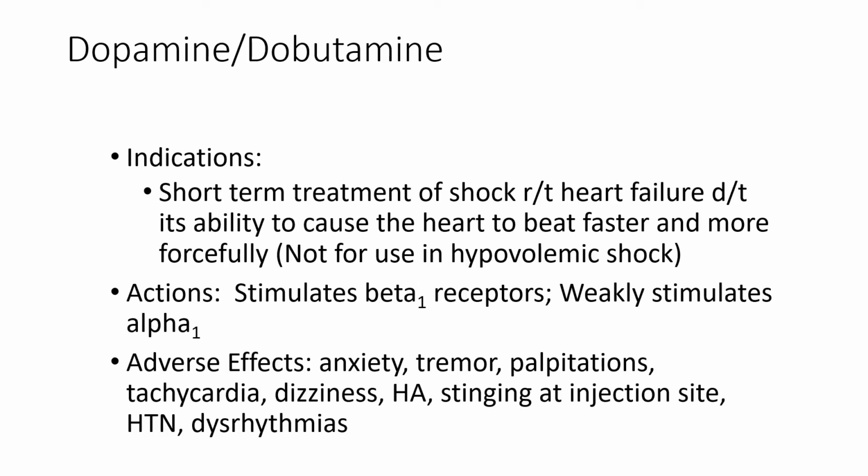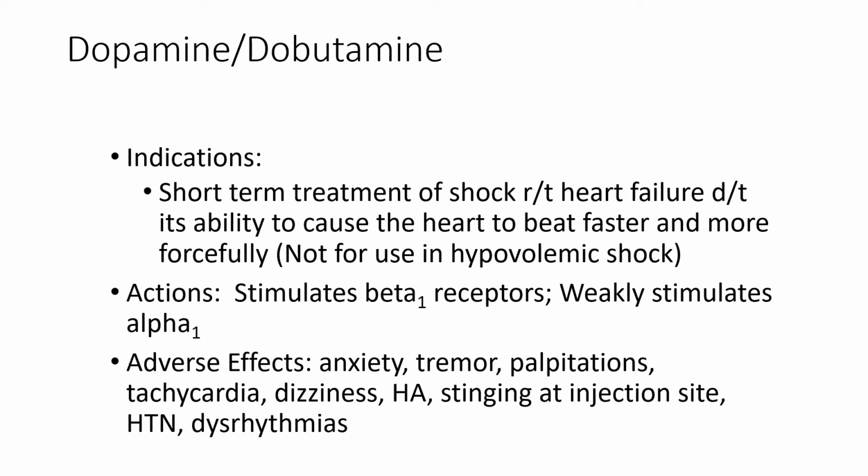Okay, so dopamine and dobutamine. Just know which receptor they stimulate. These typically stimulate beta 1. Where's beta 1? It's in the heart. So if you stimulate the heart, you're going to make it beat faster and harder.